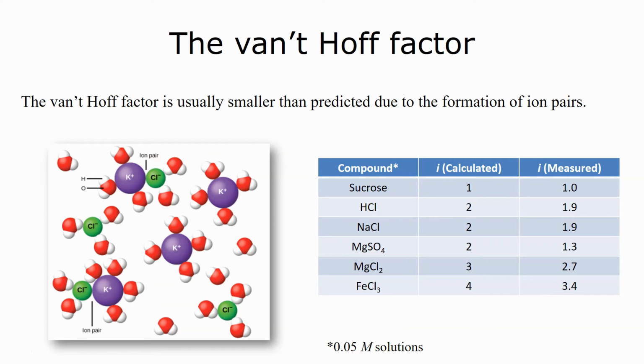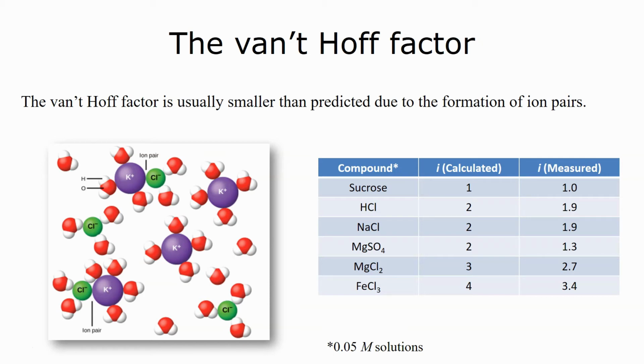We take something like hydrogen chloride. It's ionic, it's going to split into hydrogen and chloride ions, and we would expect a Van't Hoff factor of 2. It turns out that because you don't get complete dissociation, some of these ions seem to pair up a little bit. You actually have a measured Van't Hoff factor of 1.9.